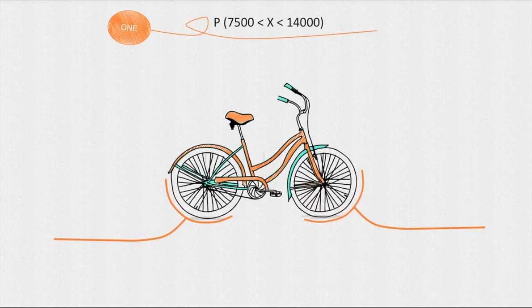So, here's the calculation. We have to find the probability between 7,500 and 14,000. Since X is a normal random variable with a mean and standard deviation, we convert it to a standard normal random variable by using the formula Z equals X minus mean over standard deviation.